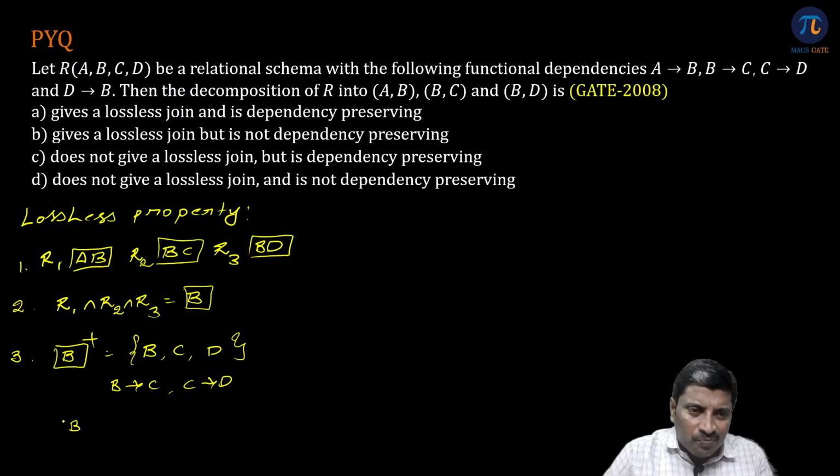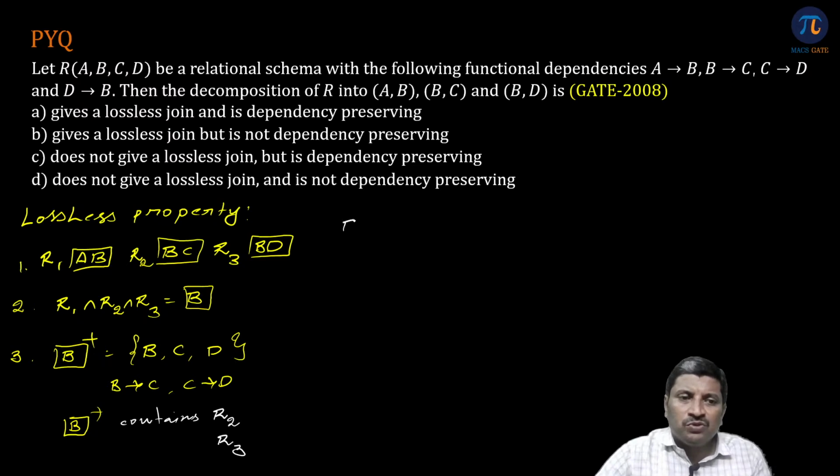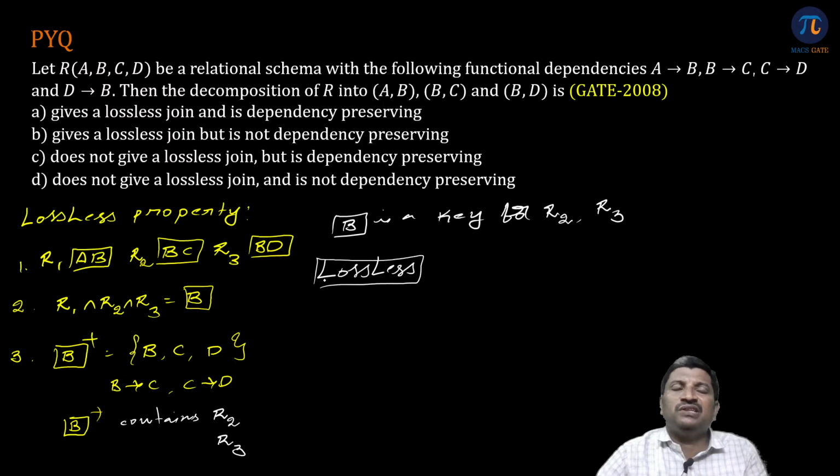So you can say B plus contains R2 as well as R3 also. So what is your conclusion, sir? B is a key for R2 as well as R3 also. One is enough, sir, but we have two. So it is lossless. This is the first property we need to verify. What is the second property, sir? Dependency preserving we need to verify.